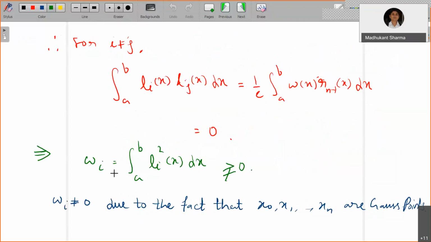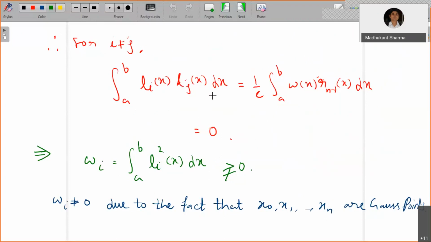So for i not equal to j, you have 0. So wi is the integration from a to b of li square of x dx, which is strictly greater than 0 due to the fact that x0 to xn are Gauss points. So we have established the proof. Now this will not be true for any randomly chosen interpolating points.